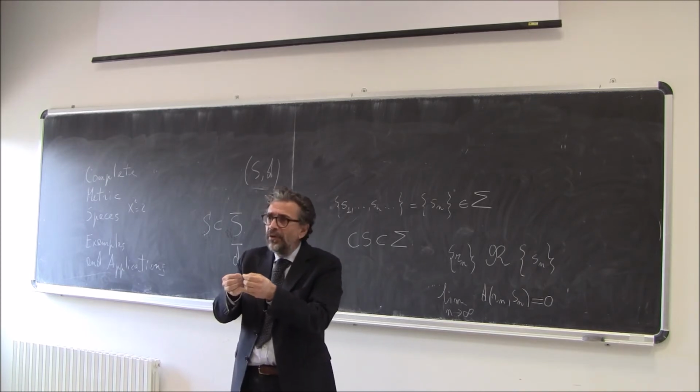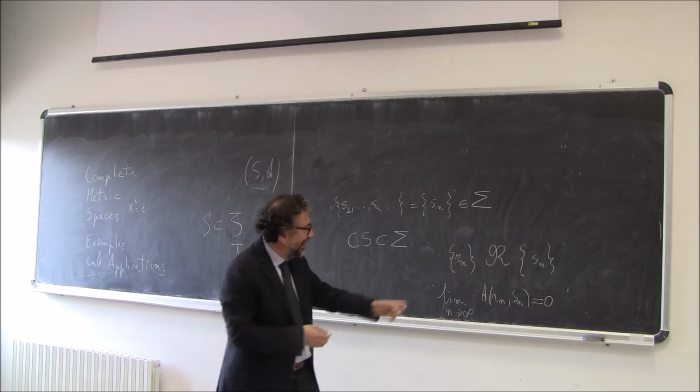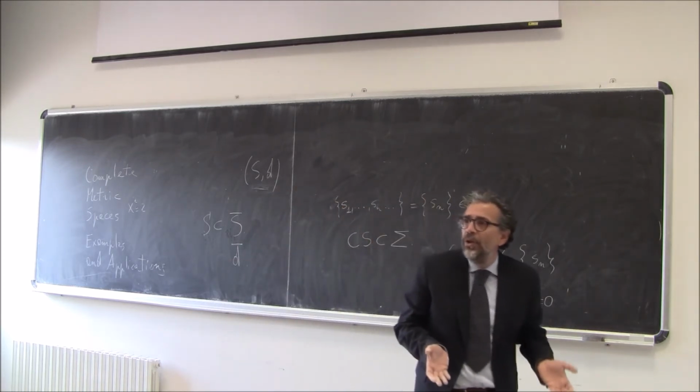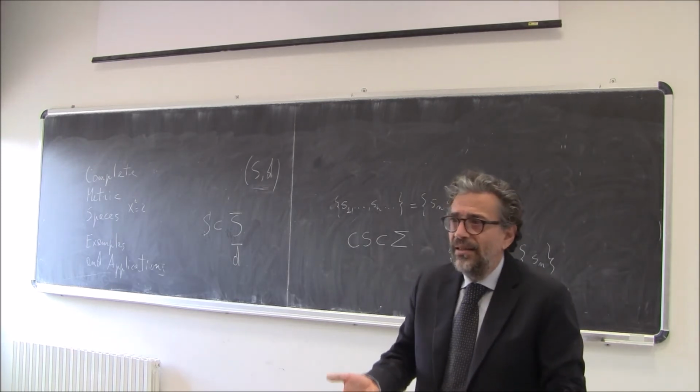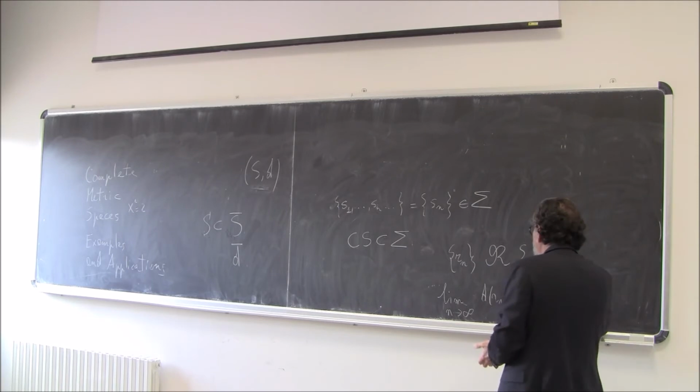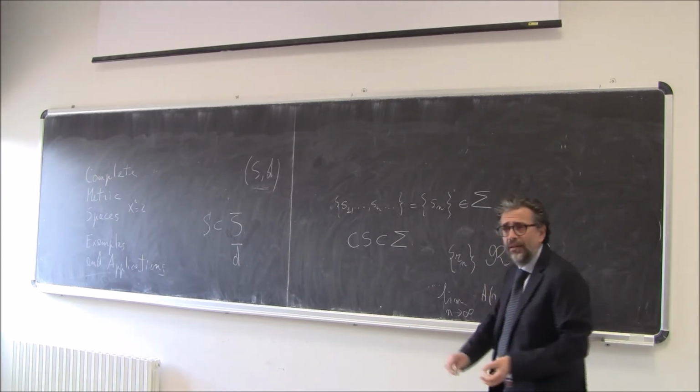If they both go to the same element, the distance of Sn and Rn must be 0. This is clear, right? So this is a good definition of equivalence. Okay?